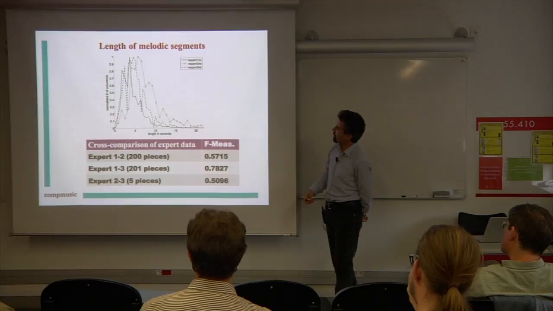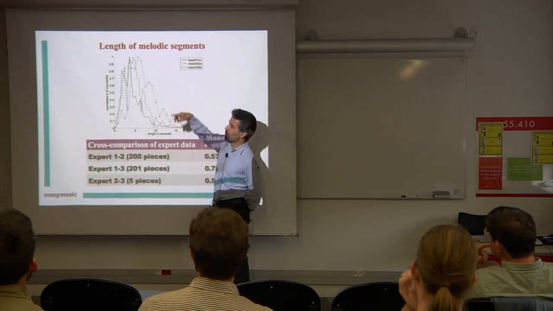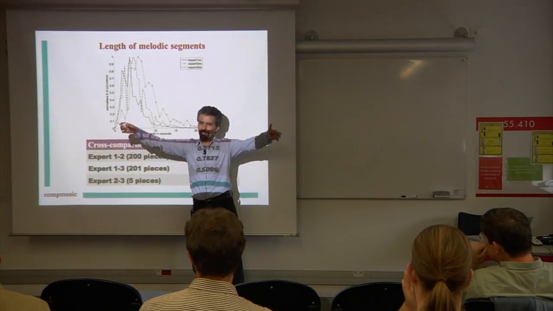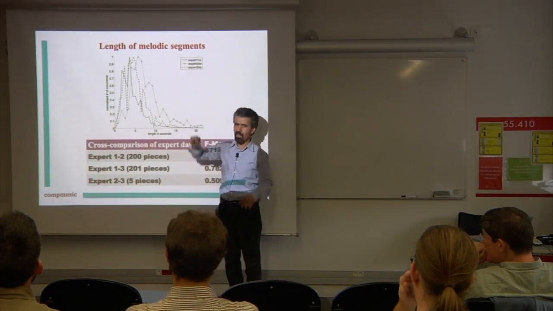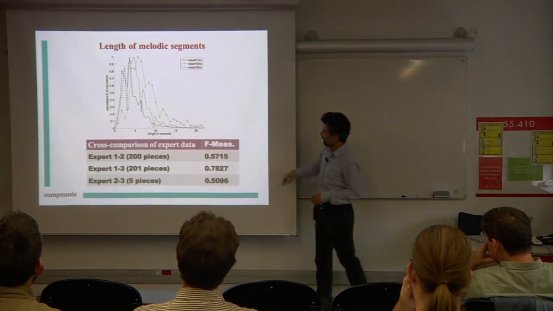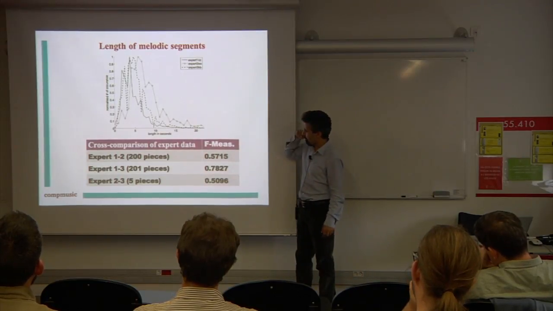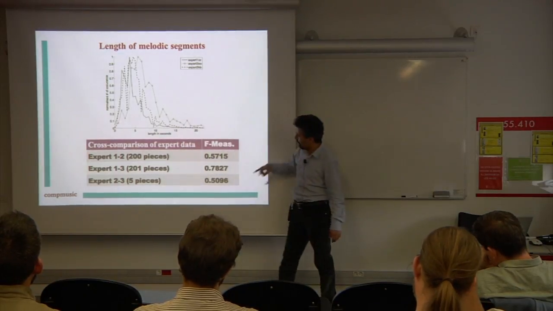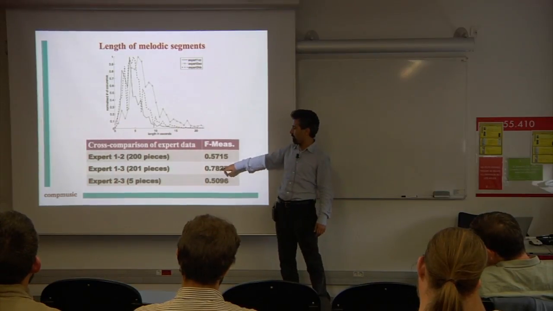When we looked at the durations they preferred for melodies, this is the distribution from 3 different experts. One of the experts, the second one, preferred larger segments. The first and the third had similar preferences. When we wanted to compare quickly using standard measures like F measure, you would see that experts 1 and 3, out of 200 pieces, have an F measure of 0.78.